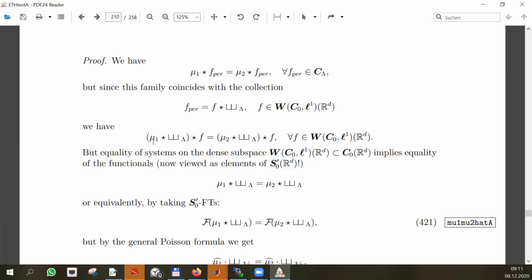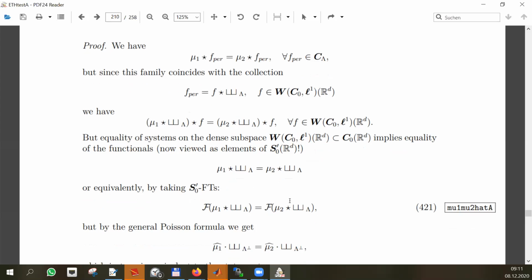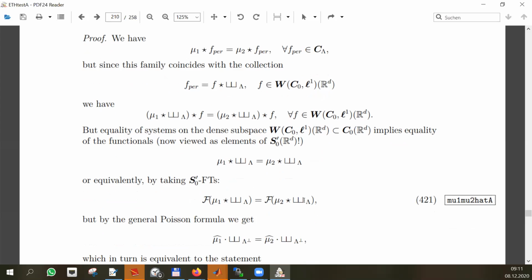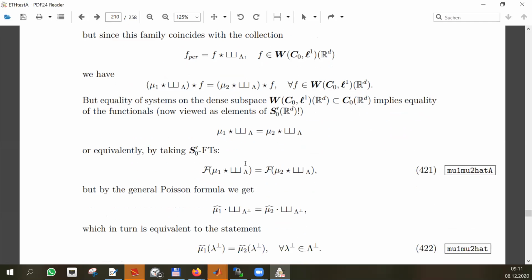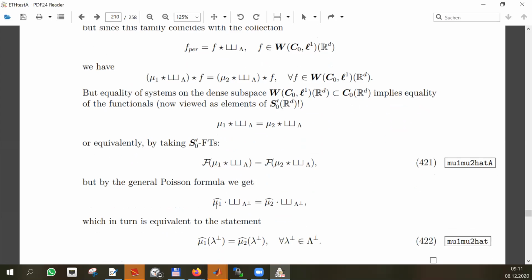That means the periodized version of mu1 has to be the periodized version of mu2, which is this one here, which means that they have the same Fourier transform. But now I'm having the correct notation. This means I'm taking a convolution product, means I'm going to the Fourier transform in the sense of bounded measures, which is consistent with the Fourier transform for mild distributions.